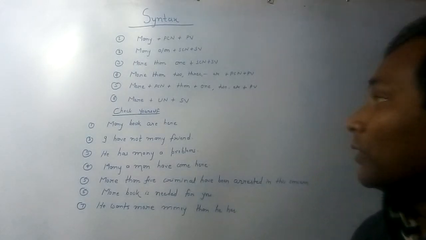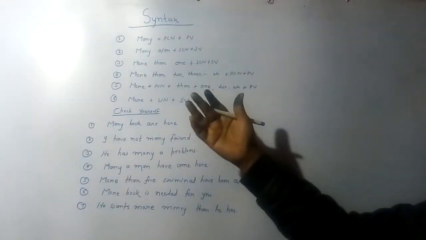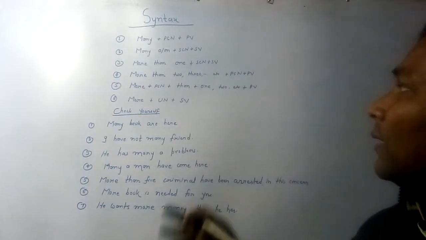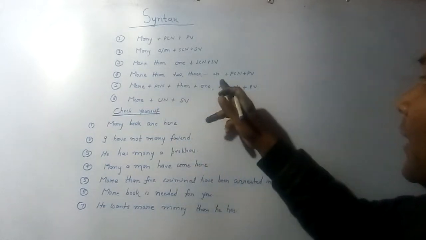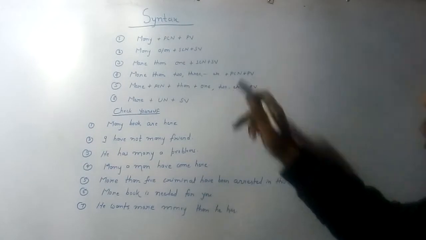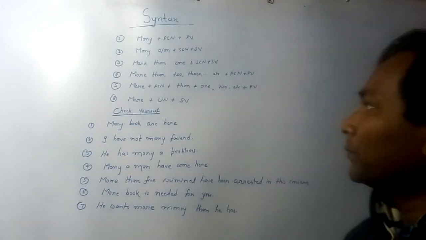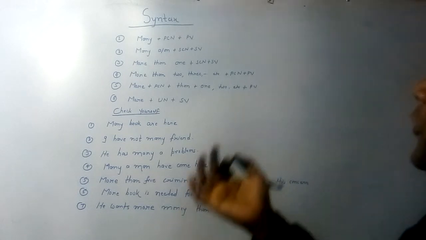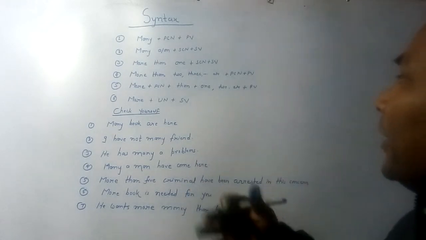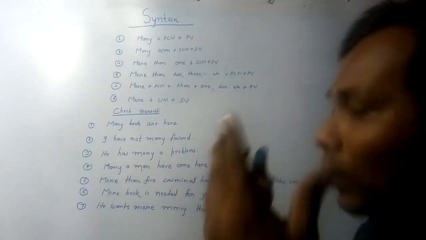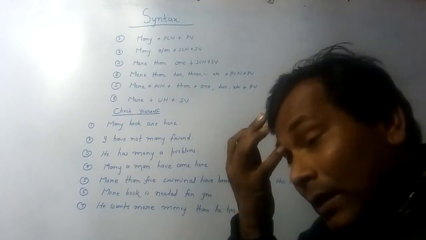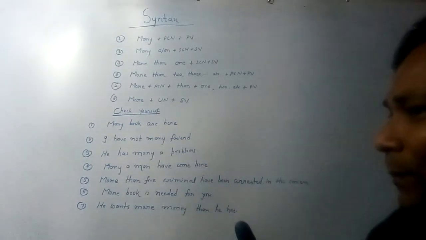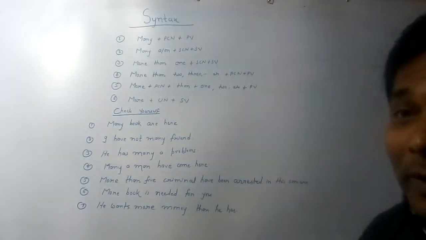Okay. Now the next rule. Try to understand. More than 2, 3, etc. plus plural countable noun plus plural verb. Suppose, more than 2 boys, 3 boys, etc. If it indicates only one person, you can use only a singular countable noun.